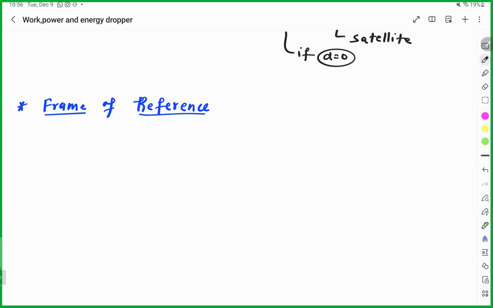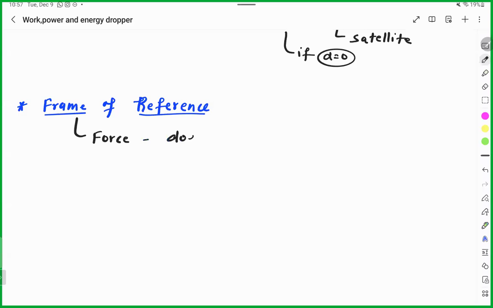Guys, so frame of reference is the most important thing. Remember, force does not depend upon the frame of reference. The value of force remains the same everywhere.